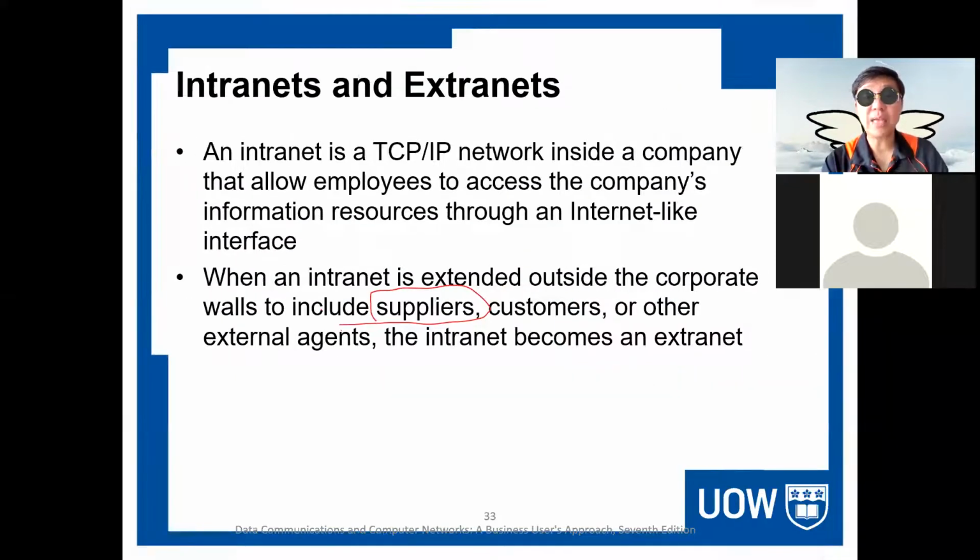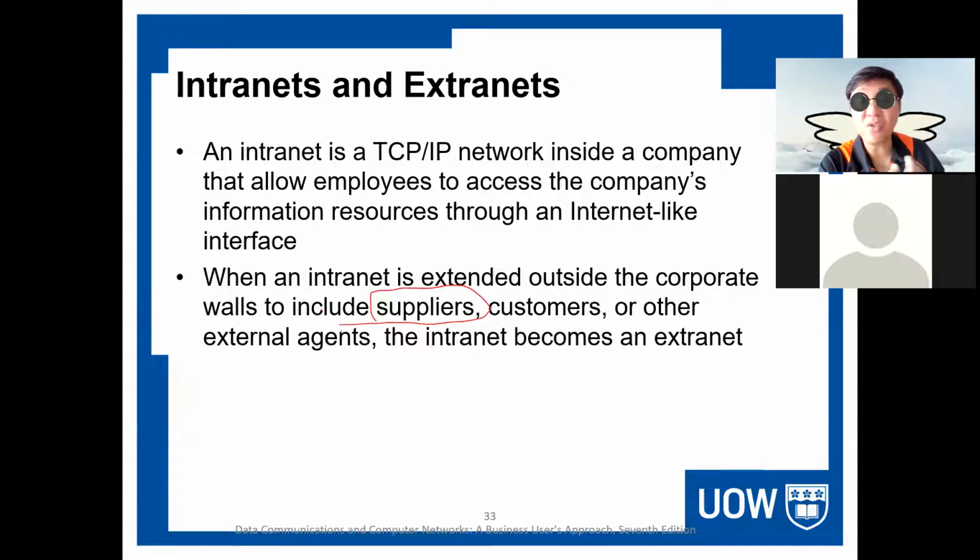Sometimes the intranet is also extended to outside your corporate and to your partners, basically suppliers, or it could be customers, right? So sometimes we allow our suppliers to access our network, so that they can see what is in our warehouse, what is left, or whether our ingredients are running low, right?